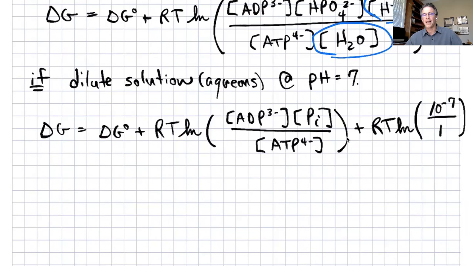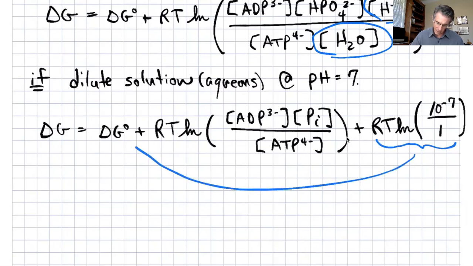And remember again that these are technically activities. At 55 molar in dilute solution, where water doesn't change, its activity is 1. So that term is a constant, and I can fold that constant into my definition for the standard state free energy.